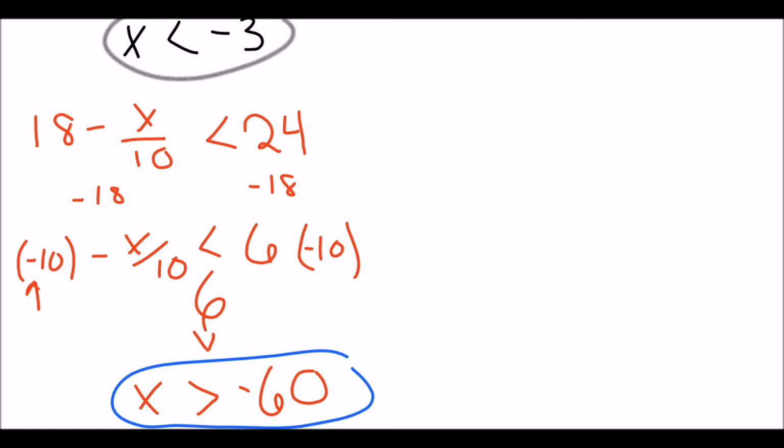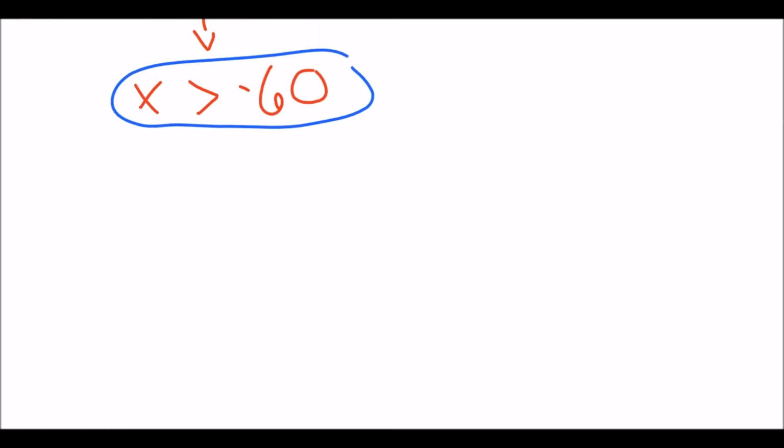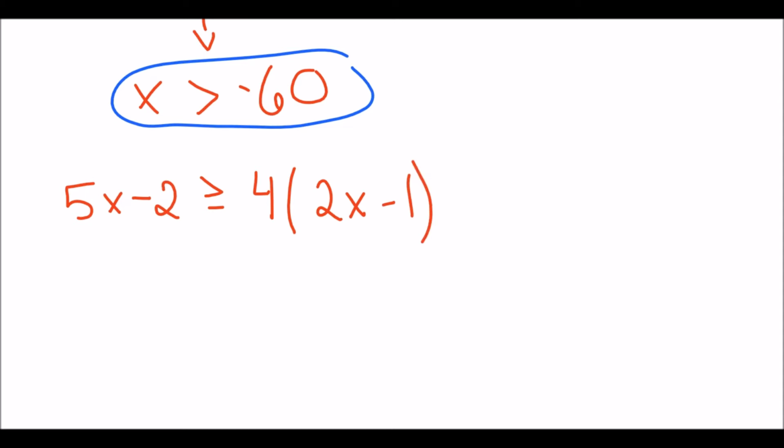All right, and now let's move on to a little bit harder of an example, and that is just going to be 5x minus 2 is greater than or equal to 4 times the quantity 2x minus 1. So now we get to use our distributive property that we had learned in one of the very first videos.